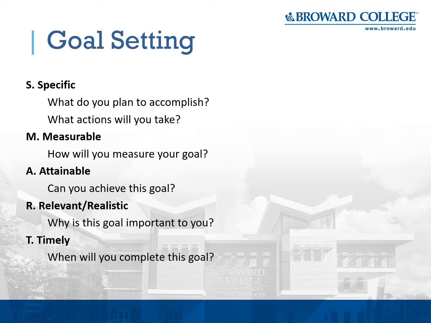Specific means, what do you plan to accomplish, and what actions will you take to do it? Measurable means, how will you measure your goal? How will you know if you got there? Attainable means, can you achieve this goal? Realistic or relevant means, why is this goal important to you? And timely means, when will you complete the goal?